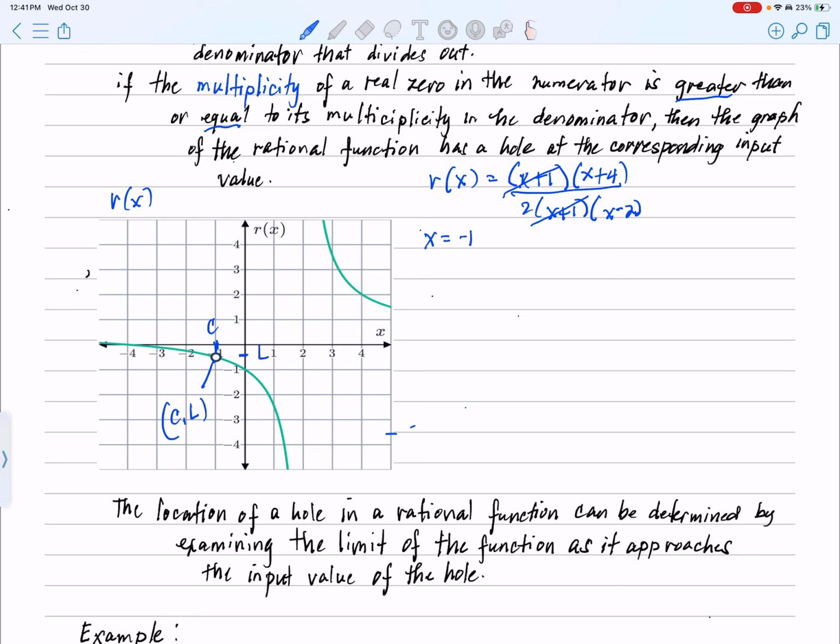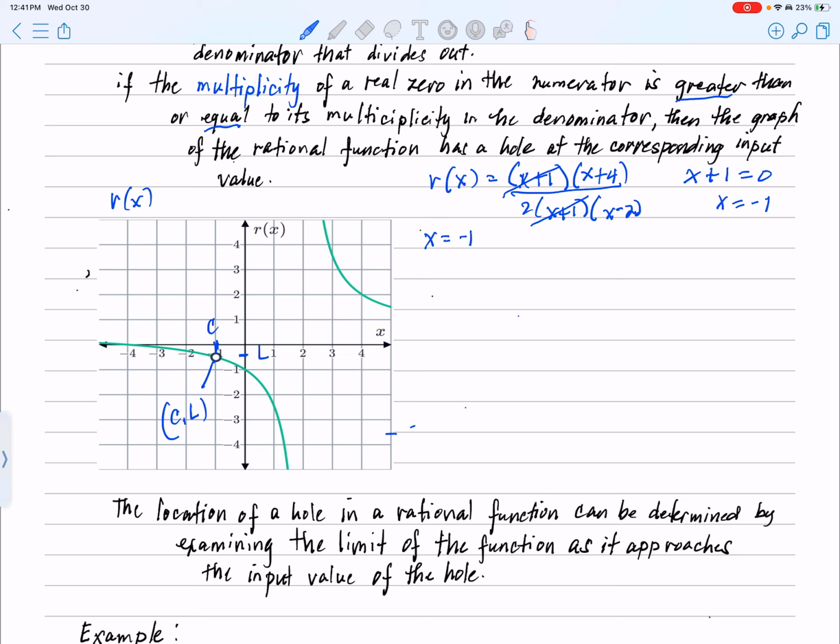Once we know that, we know the x-value of our hole. From x plus 1 equals 0, x is negative 1. Without looking at the graph, if you are just given the function, you will know right away the location of the hole.